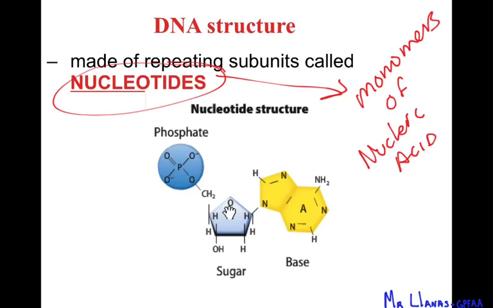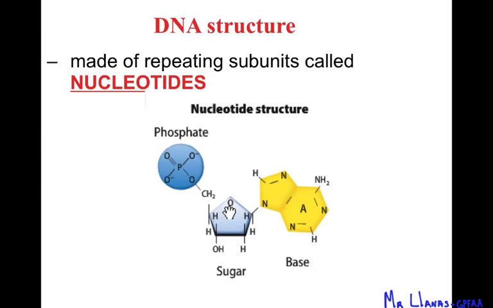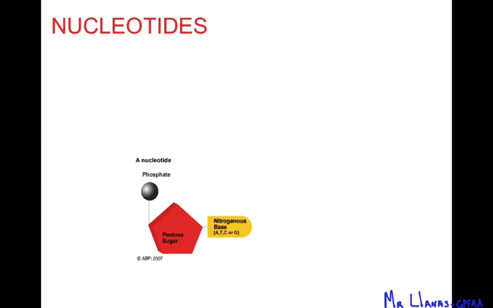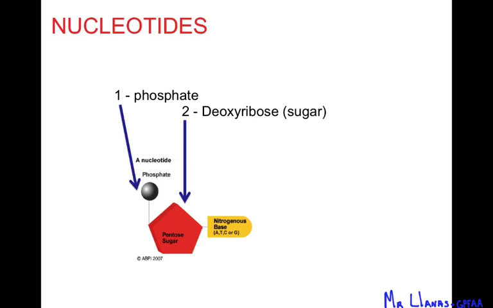They're always going to have three components, and I'll show you another picture of it. First, the phosphate group. Another component is always going to be the deoxyribose, a sugar. That's where the name DNA comes from, deoxy, right? And also a nitrogen base.